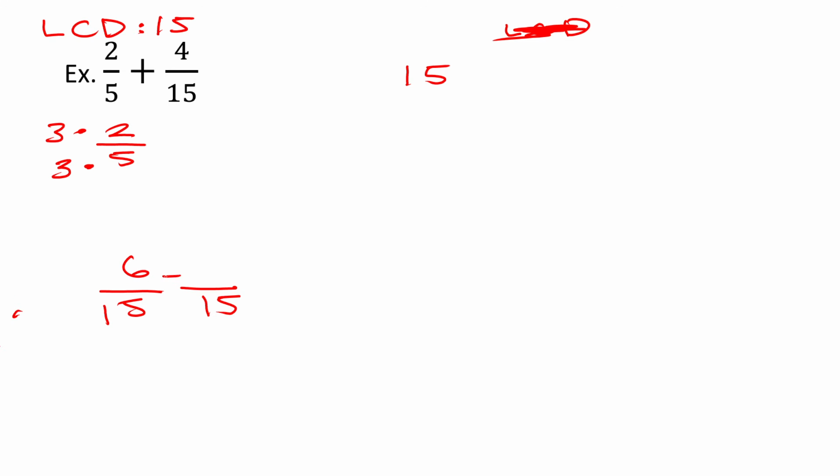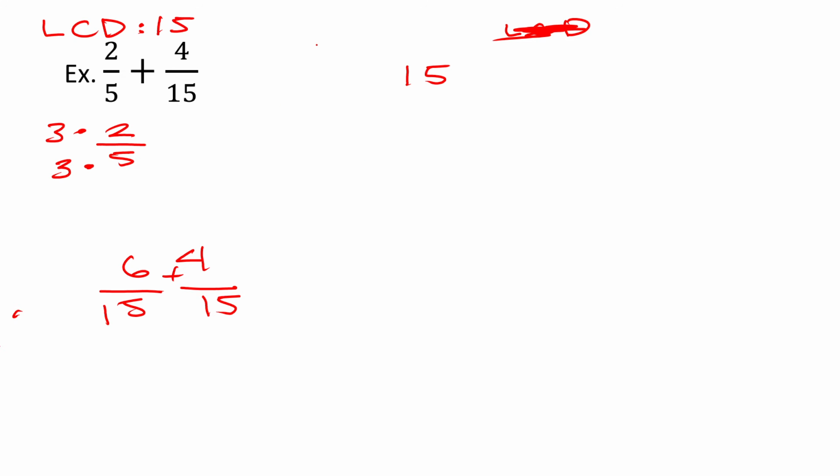Now the other fraction. Do we really need to change anything on this fraction, our right fraction? No. We can just leave it as is, 4 over 15. Now, critical thinking.